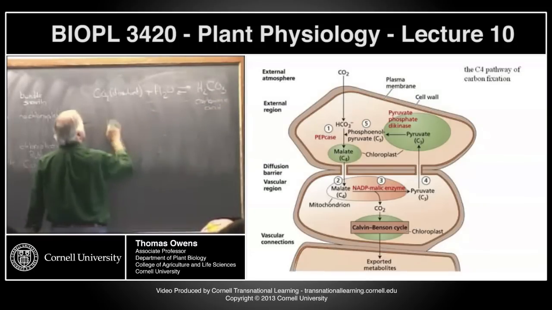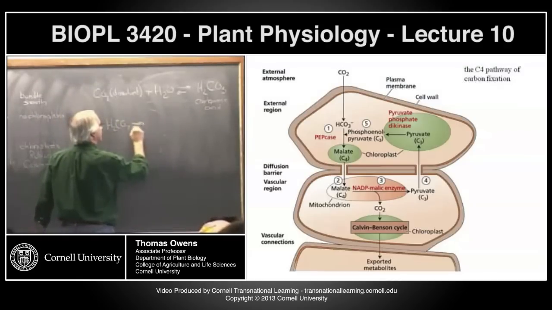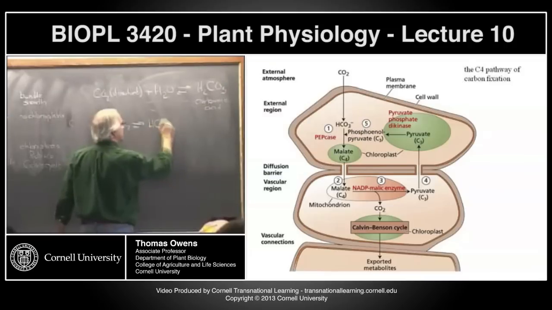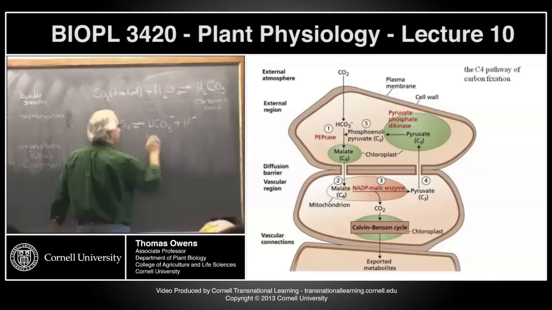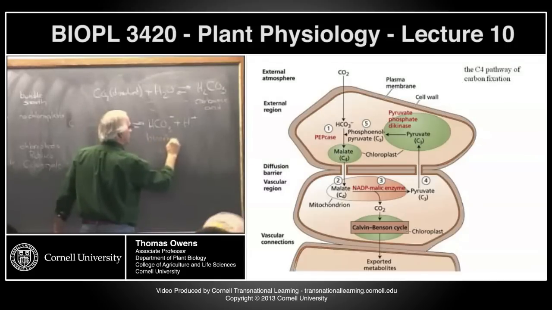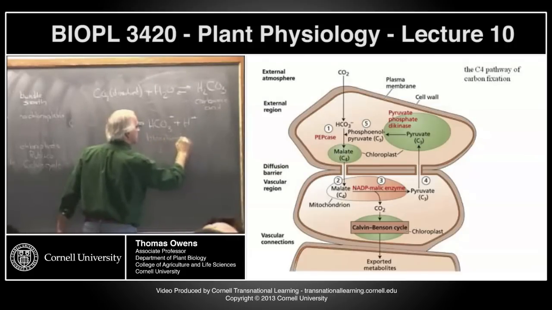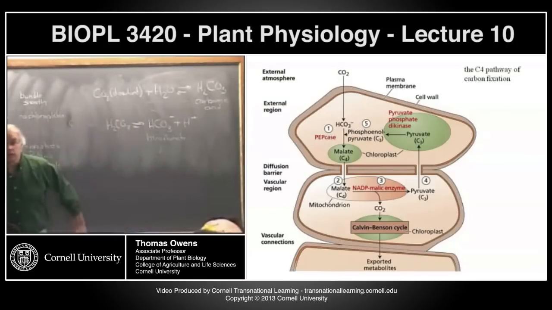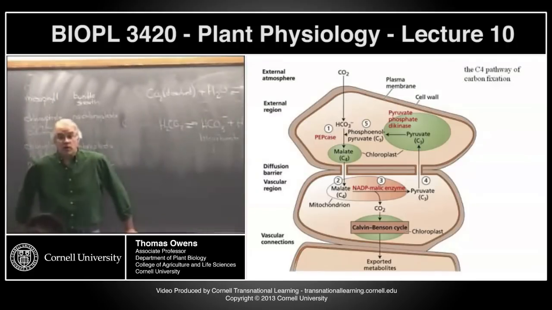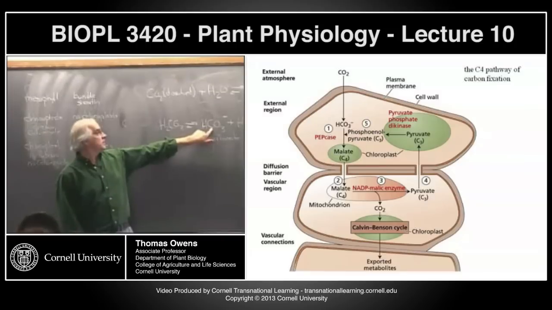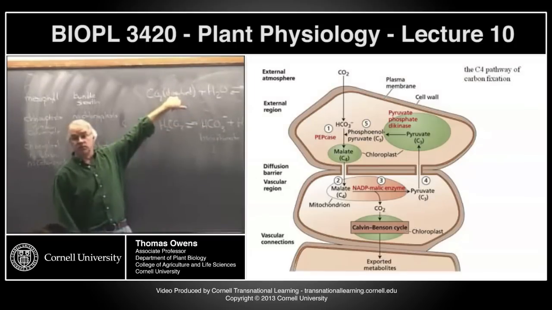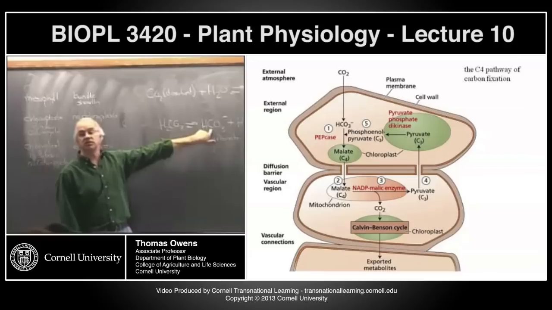Carbonic acid can dissociate to form bicarbonate and a proton. And it turns out that in fresh water, and even in the cytoplasm, there's a lot more bicarbonate than there is dissolved CO2. The equilibrium favors the formation of bicarbonate.